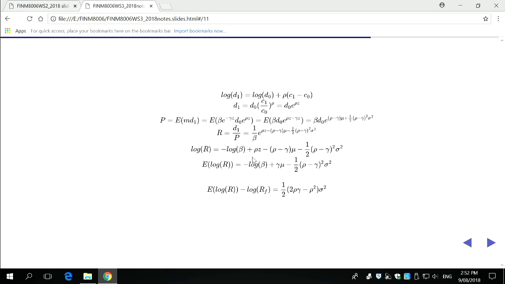And then I can take the expectation of this log return, again using my log expectation formula, so that I can calculate the expected log risk premium. So the log risk premium seems to be half of 2 times rho gamma minus rho square, times sigma square.